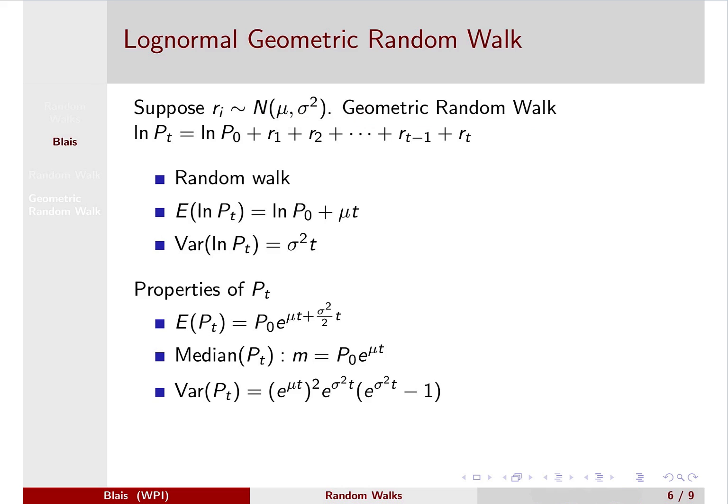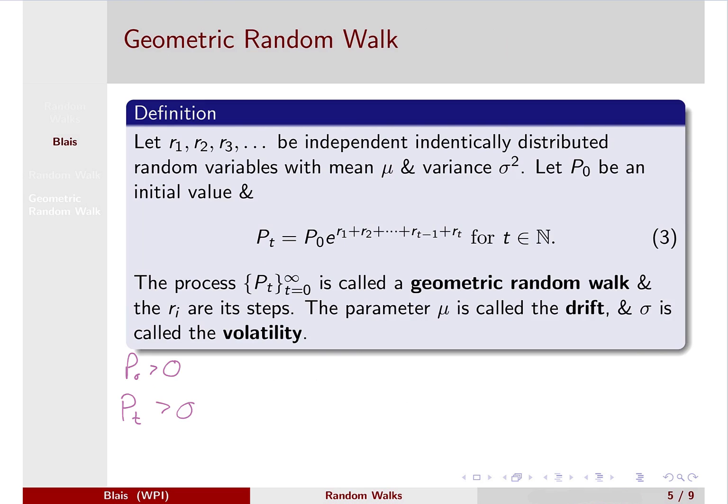In that case, for our geometric random walk, let's take the natural log of both sides. So go back to our equation here and note that if you take the natural log of P_t, on the right-hand side you get the natural log of P naught e to the sum of the steps.